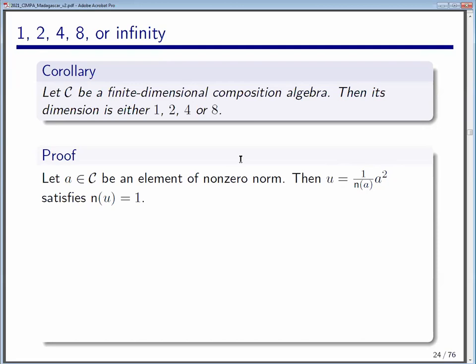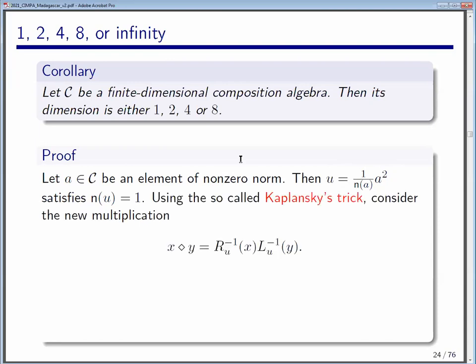Okay? Now we use this element of norm 1 to define a new multiplication on the algebra C. And this is called the Kaplansky trick. So in C, we have our multiplication, which is denoted by juxtaposition. This is a non-unital composition algebra. And now we define a new multiplication on the same vector space. The new product of elements x and y is given by this formula.